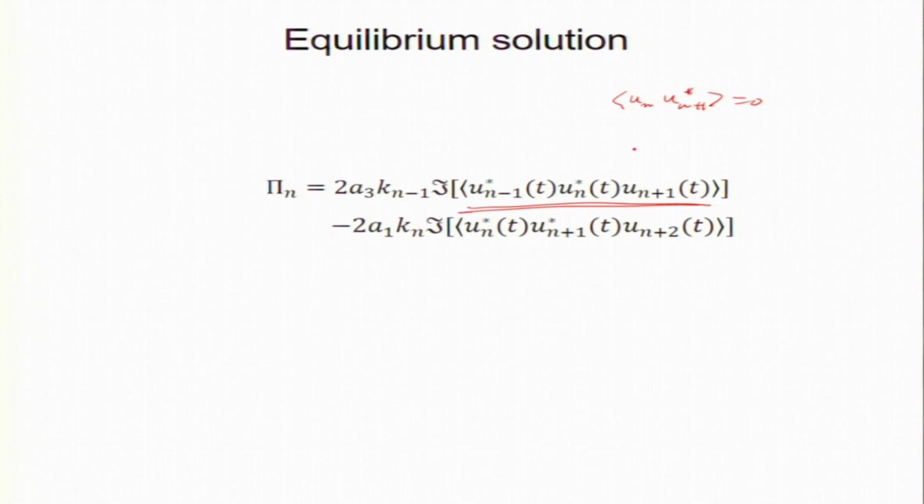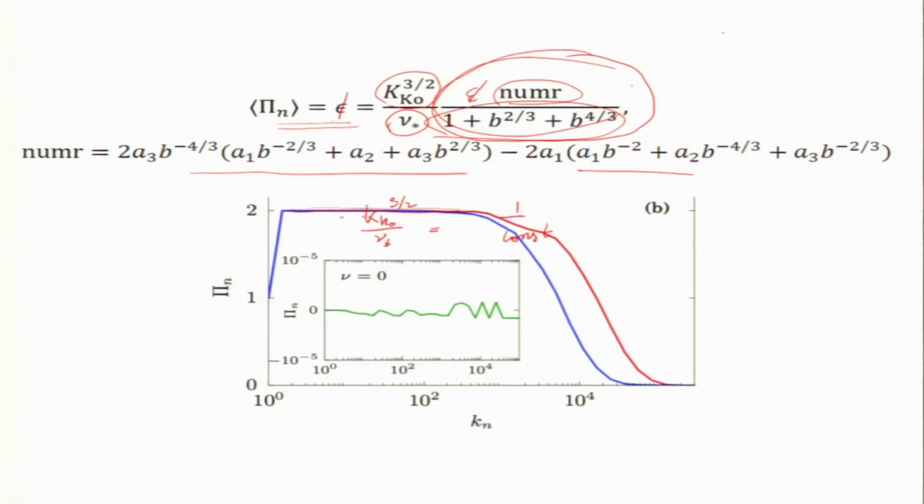If I compute this for the non-equilibrium shell model, when I force at large scale and dissipate at small scale, this is not 0. We saw in our simulation, this one is not 0. But if I start with a random initial condition, I get flux to be 0. This is the nu equal to 0 Euler equivalent; flux is 0 for the equilibrium solution.